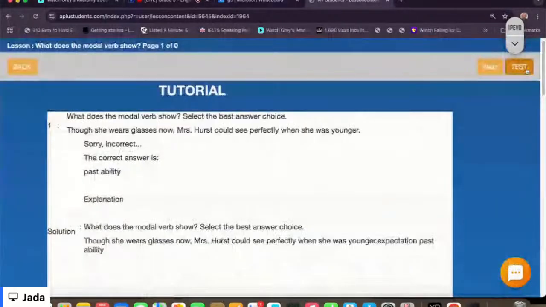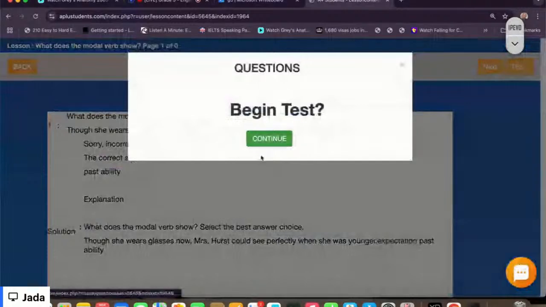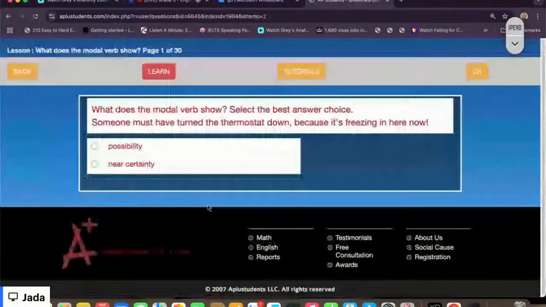So I will share my test now and then you guys can give me the answers if you know it. You have to select the correct answer for what the modal verb shows. Someone must have turned the thermostat down because it's freezing in here.